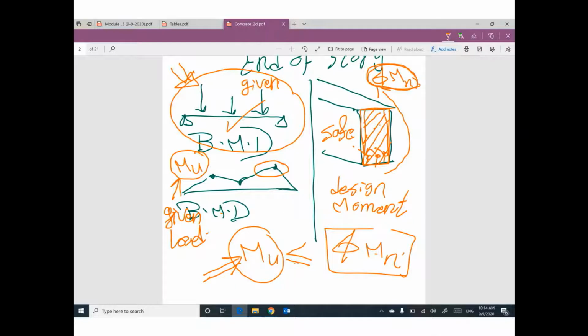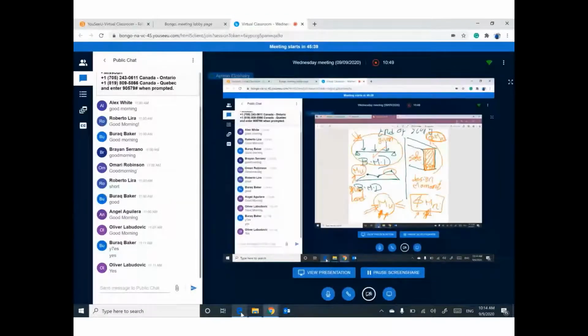We need to make a comparison between this moment and this moment for this beam to be safe, this steel reinforcement to be enough. This moment from design must be equal or greater than this moment from the applied load on the structure. Okay?